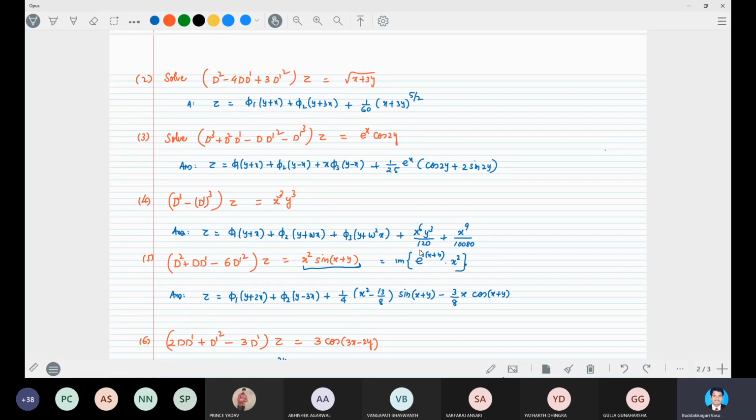Now apply the e power ax plus by into V of x comma y method. We can easily get the particular integral for this type. Otherwise, if you apply the general method, it takes long.